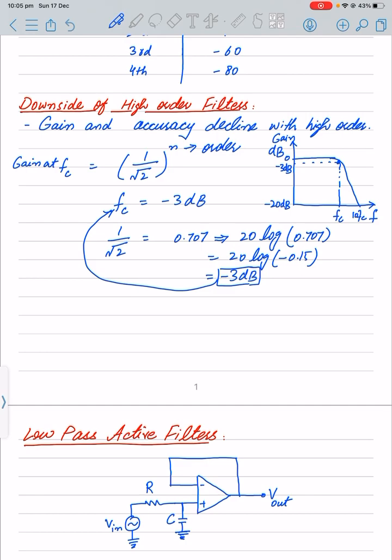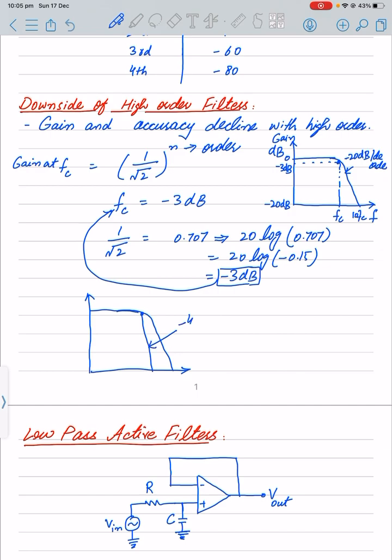So then we discussed that this slope was negative 20 dB per decade, and if we want to achieve some higher slope, let me draw another one, we actually increase the order of our filter.